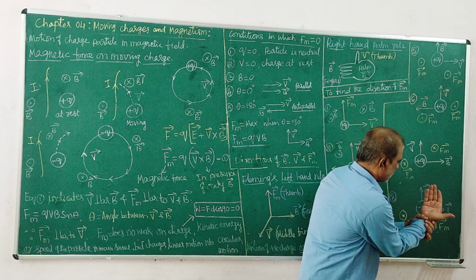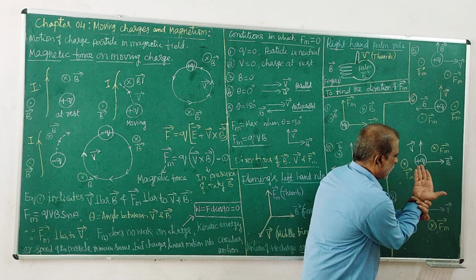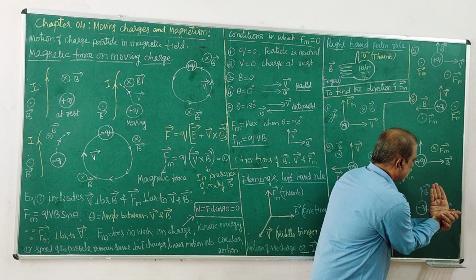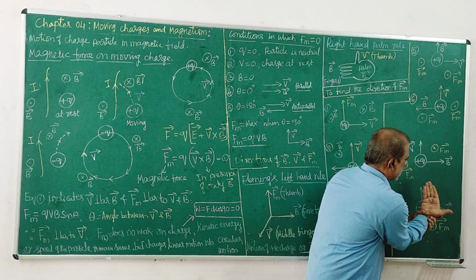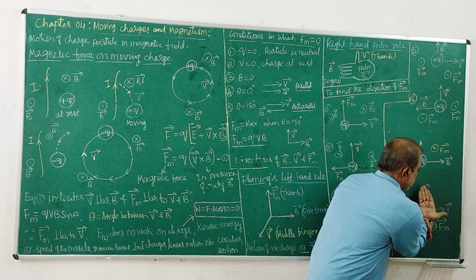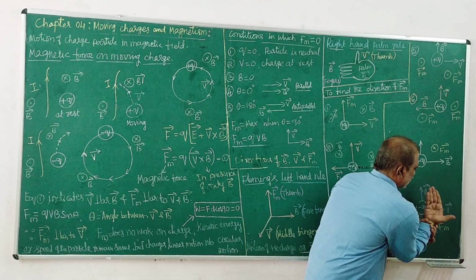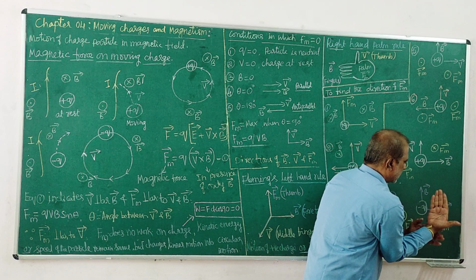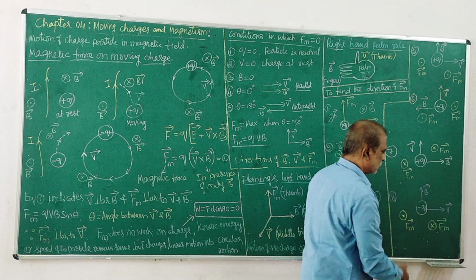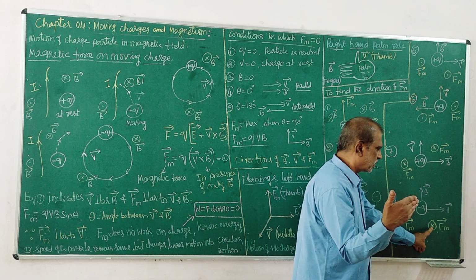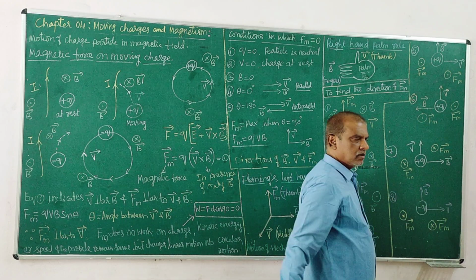I am keeping the palm stretched like this. The velocity vector coincides and the magnetic field vector coincides with this line, and the palm is directed like this. There is a force for positive charge, outward force, but for negative charge it is opposite, that is inward force. For minus q, the force becomes perpendicular inward.